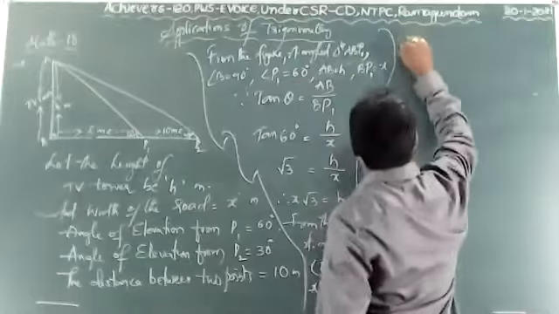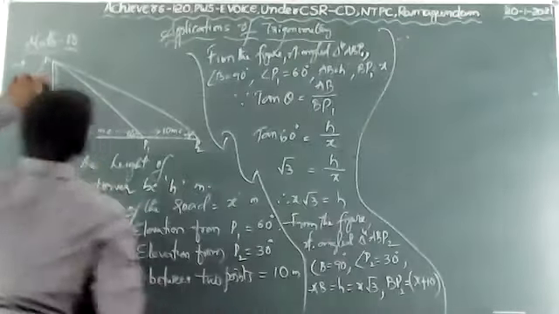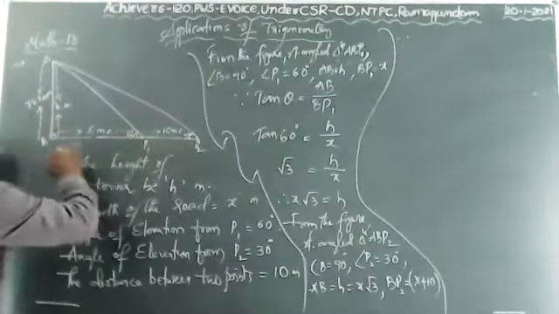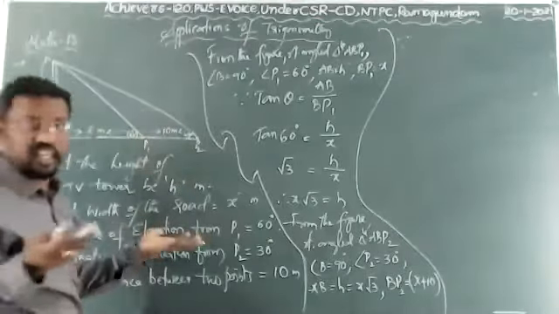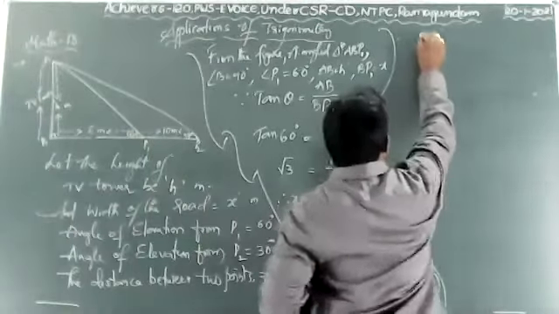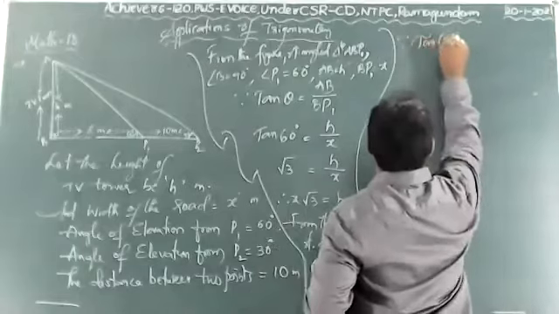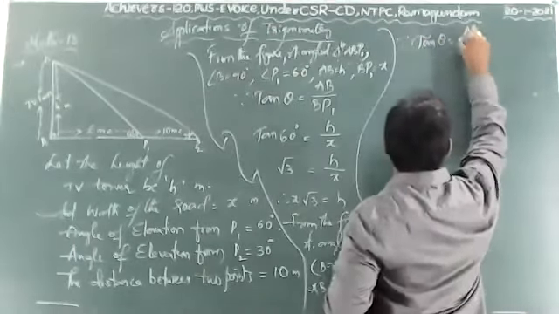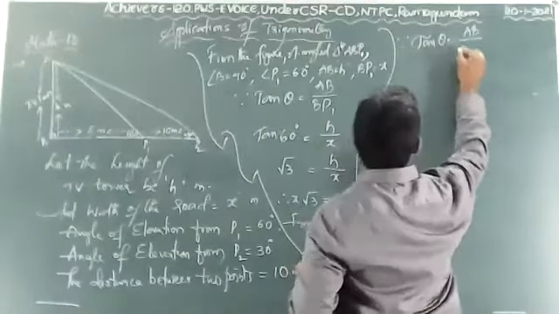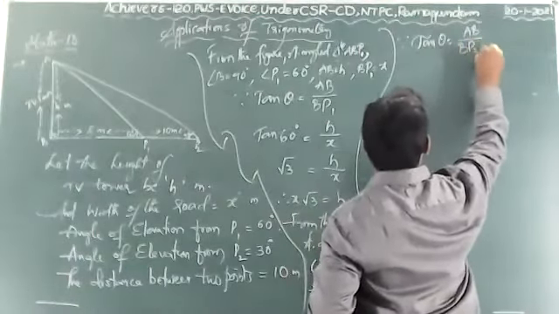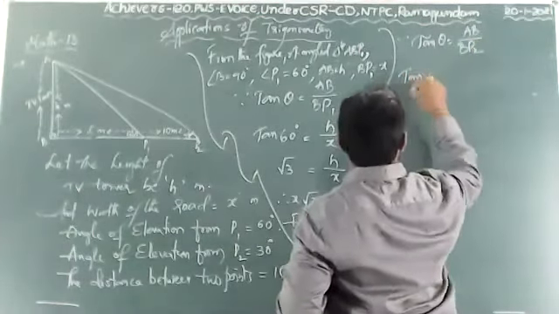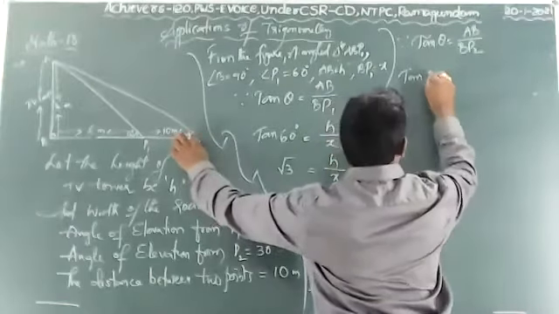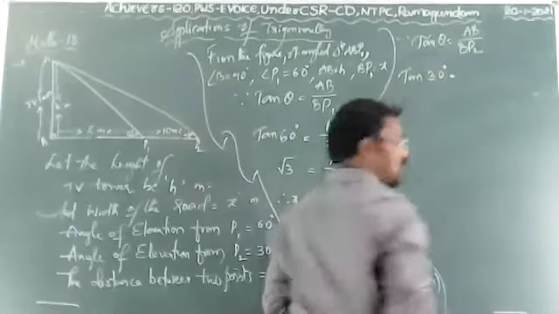Again, opposite and adjacent. The ratio which is related to opposite and adjacent is tan theta. Tan theta is equal to AB by BP2. Theta is equal to how much here? Angle of elevation 30 degrees.